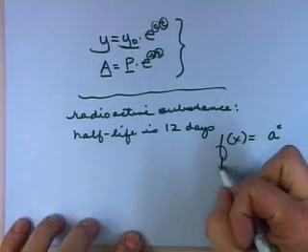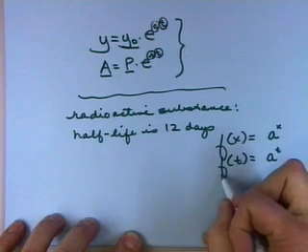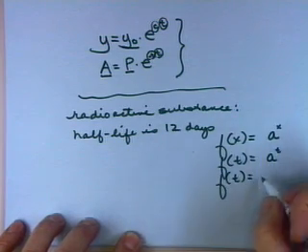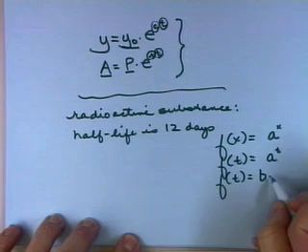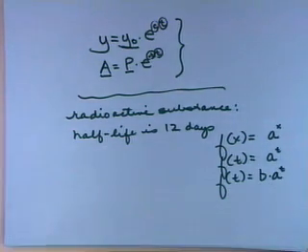So we actually want a function of time. And we want to allow for the fact that there might be a coefficient. So we want to possibly come up with a function, some number b times a, whatever a makes sense in this problem, to the t power.